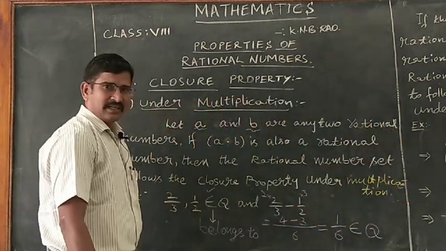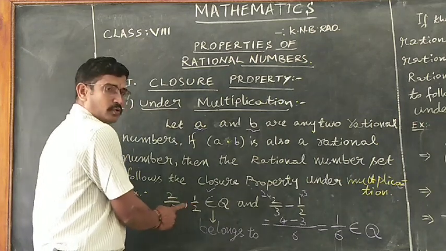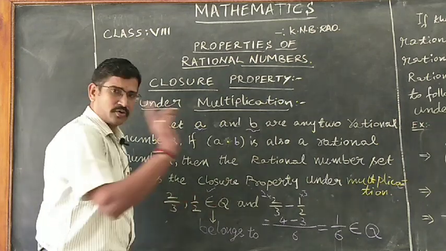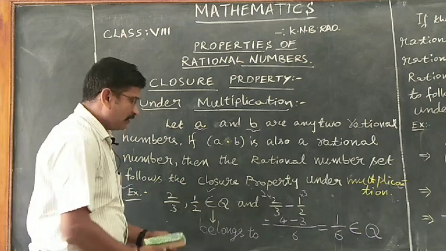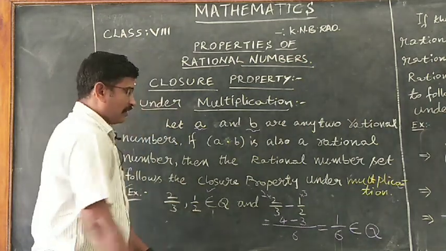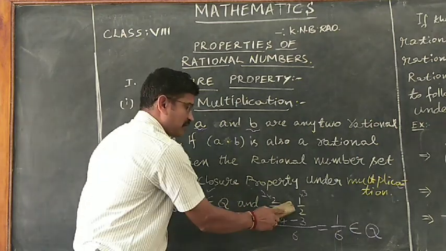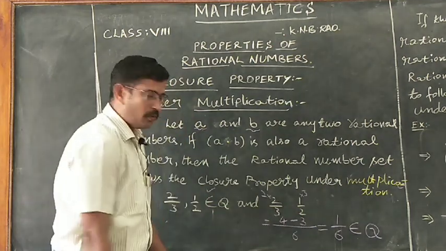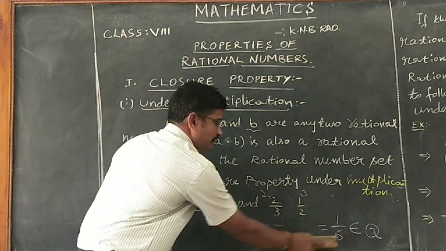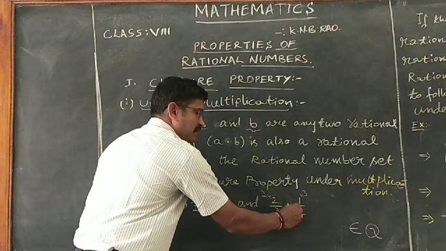Okay children, now again in the example, what are the changes? 2 by 3 and 1 by 2 both belong to the rational number set. I am wiping it out here, and for 2 by 3, instead of the subtraction operation we will now take the multiplication operation.